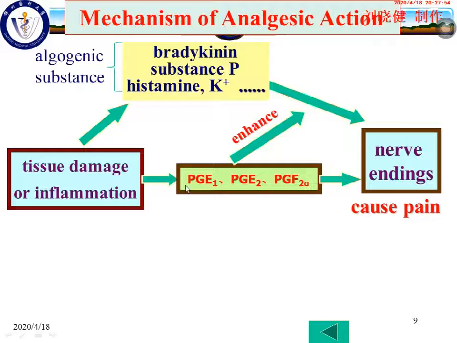During inflammation, prostaglandin synthesis and release also increase. These prostaglandins can sensitize the nerve endings to the response of bradykinin and these algogenic substances, making the pain sensation more serious. This means prostaglandins enhance the action of algogenic substances.